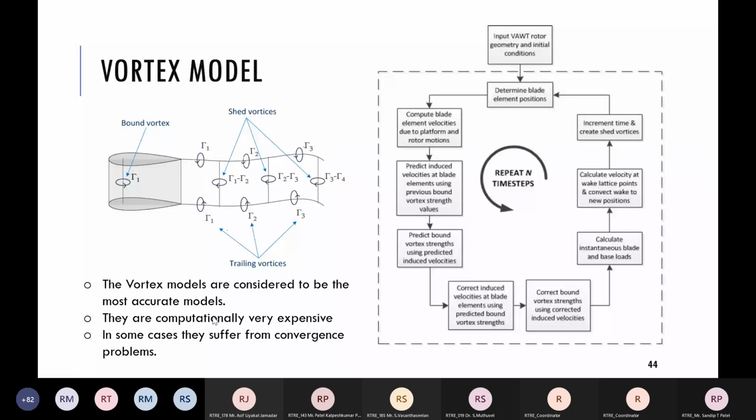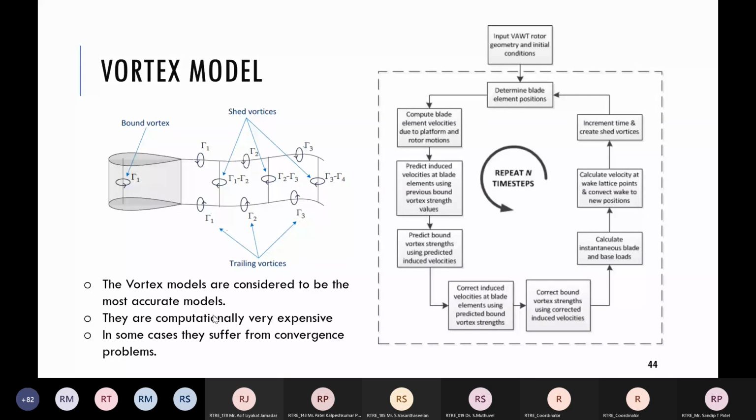So what it does, it creates a potential flow model based on calculation of the velocity field around the turbine through the influence of vorticity in the wake of the blades. In the image you can see the vortex sheet having different bound vortices.